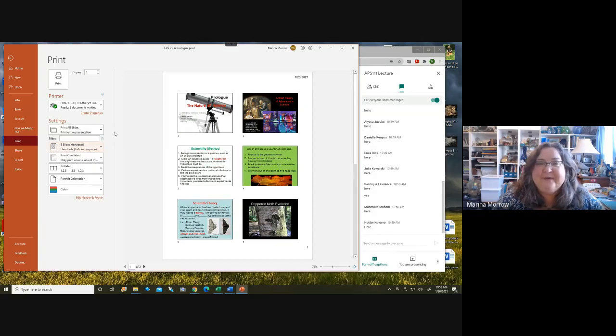And you can play with the margins and things too to make them look larger. Some people like to do that, so they print them out and then they have a page of notes. I've actually seen people cut them out, print them out and tape those into their notebook so they can make notes around it, which was a really great system from what I saw.